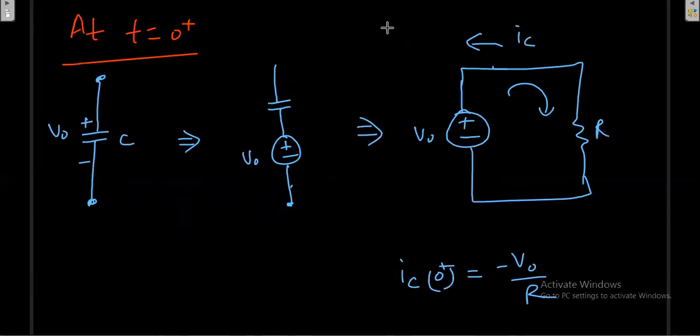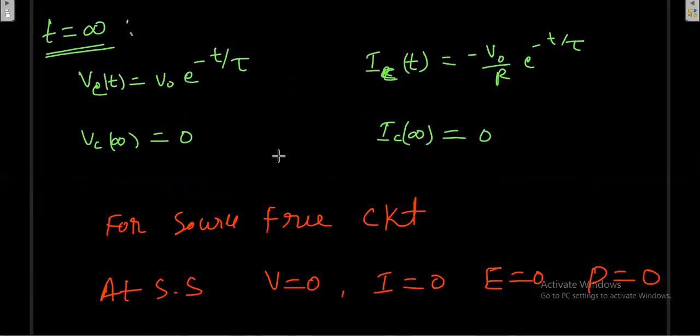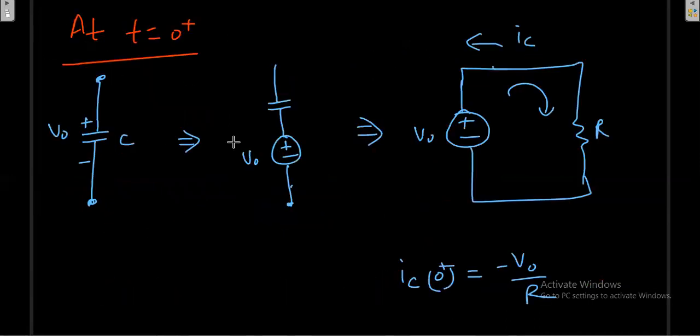Then what is happening at t is equal to 0 plus? When the capacitor in your circuit has initial voltage V naught, equivalently I can represent it as a capacitor without any voltage, with that voltage written separately, plus minus V naught like this. There are some differences in the notation, because we may also have an independent source.